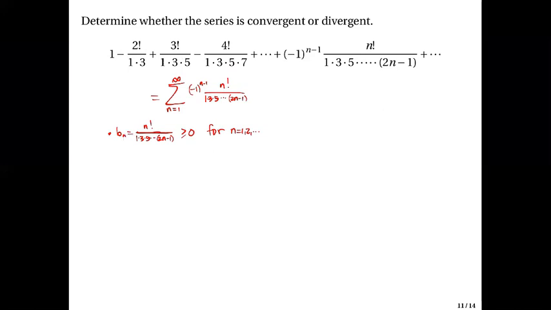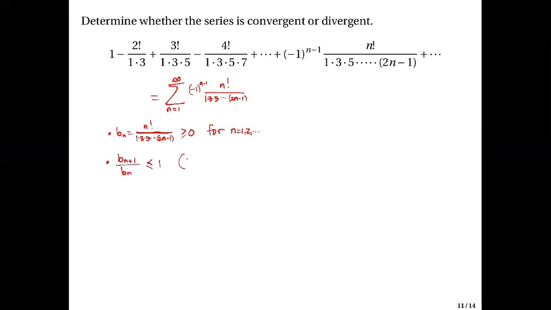Next, we want to know if this is decreasing. Okay. We want to know if this is decreasing. And again, let us use the following criterion. You have Bn plus 1 divided by Bn. So we want to show that this is less than or equal to 1. Okay.